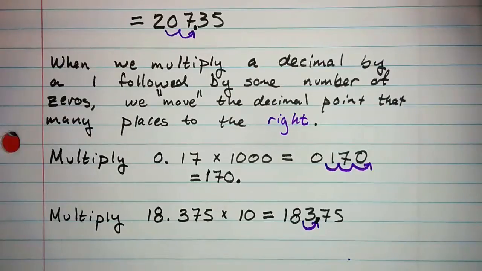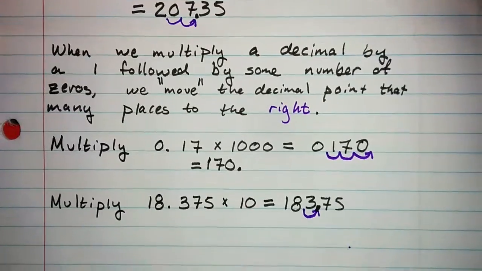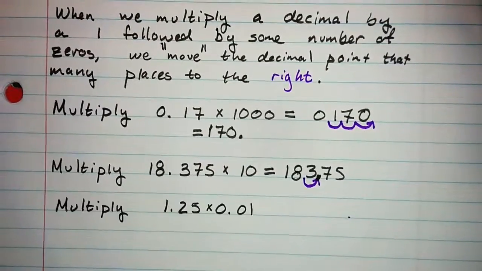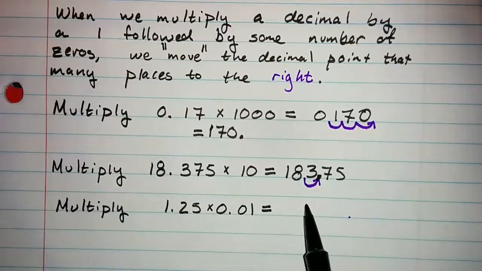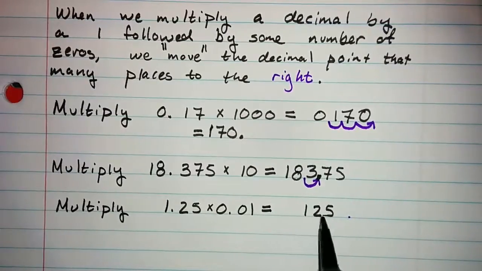All right, what about decimals that are a 1 to the right of some zeros? For example, what if I want to multiply 1.25 times 0.01? Well, the easiest way to go about this is to just do this normally. Multiply 125 times 1, we'll get 125.